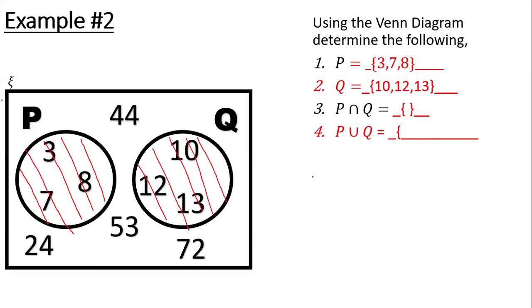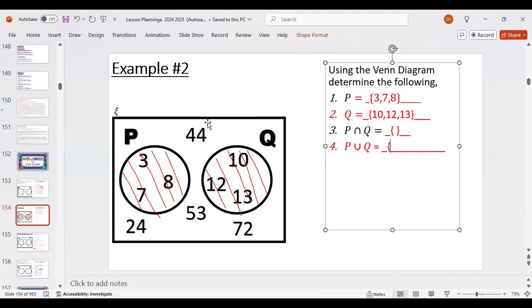Antio and Ahmad, are y'all there? I can't hear from them. Jasmine, you understand this? Okay, good. One of y'all explain how I got the union of P and Q. What is the union of P and Q?